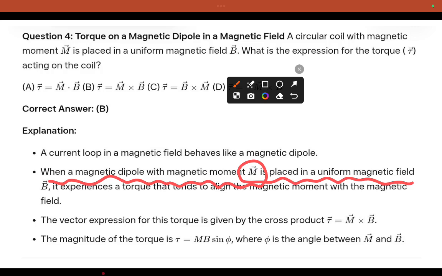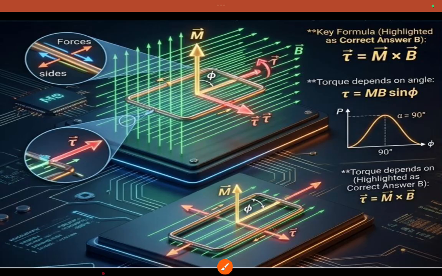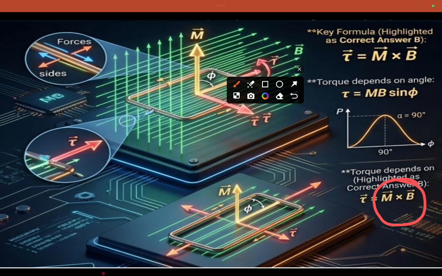The vector expression for this torque is M cross B. The magnitude of the torque is tau equal to M B sin theta, where theta is the angle between M and B. So you can see the representation: torque depends on M and B.